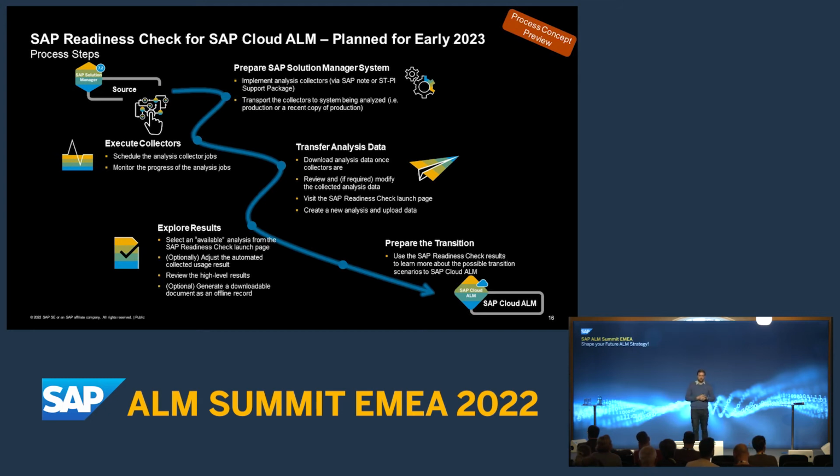You just need an S-user. You start creating this analysis. You provide this input file, and based on the input file, automatically the application will detect that this is a scenario for SAP Cloud ALM, and then you will reach the main dashboard page I have just shown. You can explore the results, as we saw, and you also have the chance to manually influence these results by selecting and refining which of these capabilities are relevant in your scope.